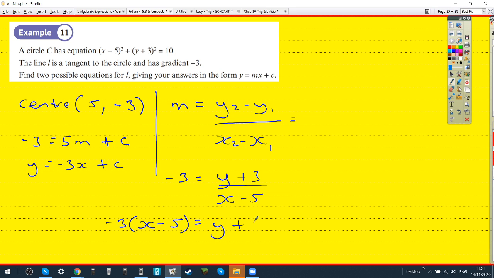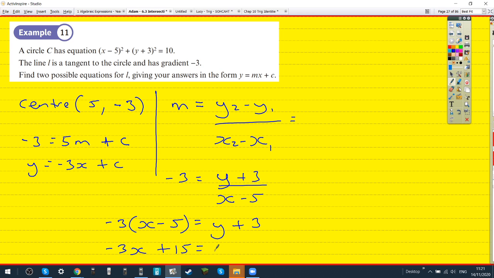And then you work out what -3 multiplied by x minus 5 is. So it'd be -3x plus 15 equals y plus 3.